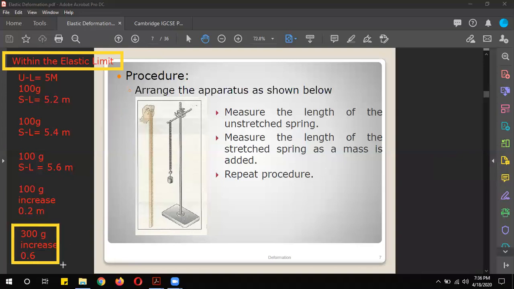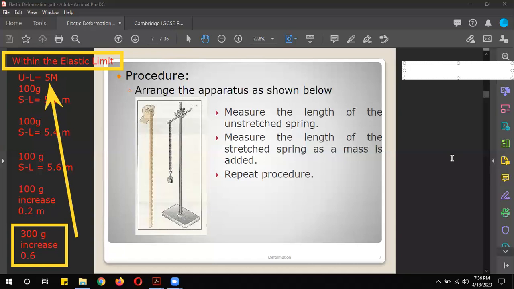If the weight is removed, it will come back to its original shape. Yes sir, it will come again to 5 meter. So we can write here that by adding 100, 400 and 700 grams we noticed an increase in length of how much meter?